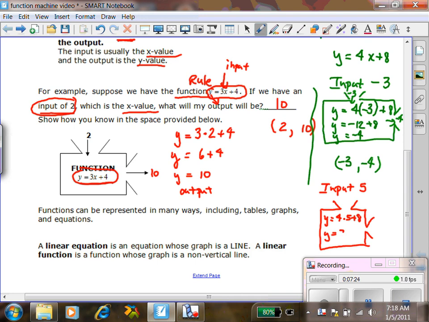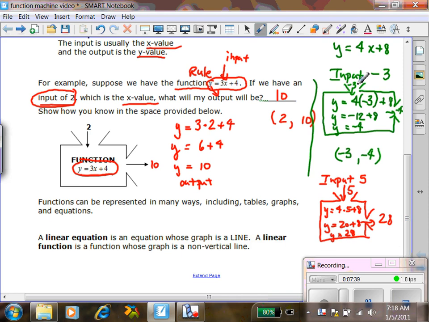Y equals 20 plus 8. So y equals 28. So if I drop in a 5, I'm going to get out a 28. So another point on this graph would be the point 5, comma, 28.